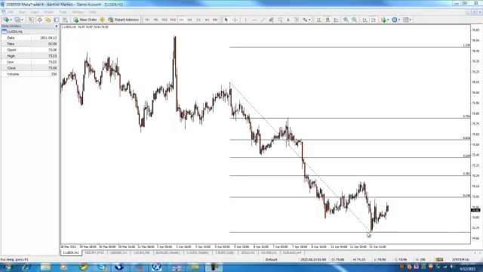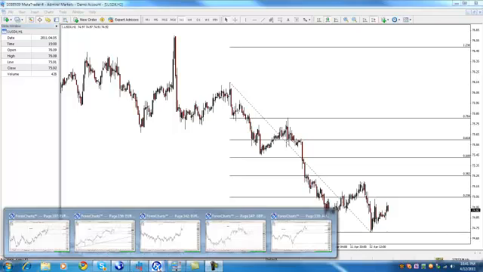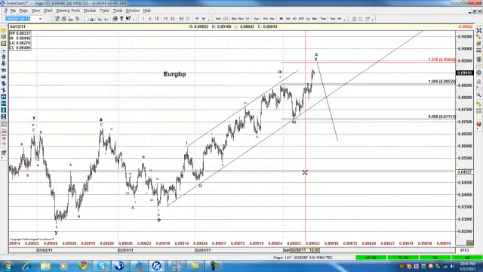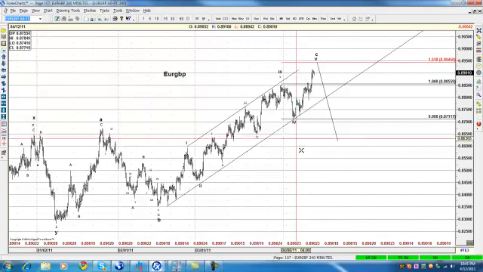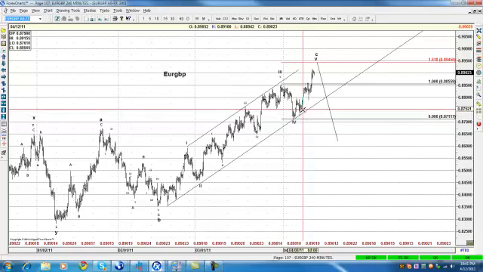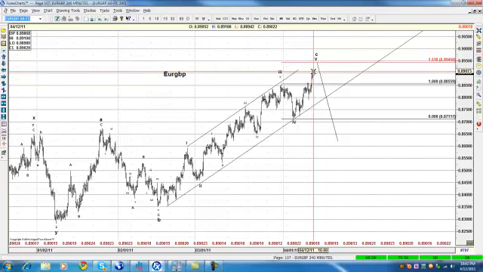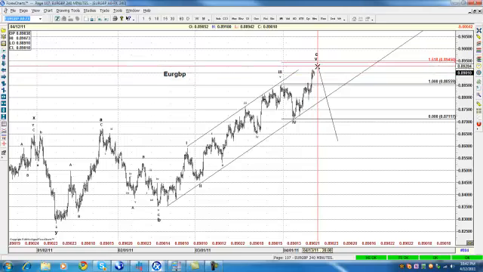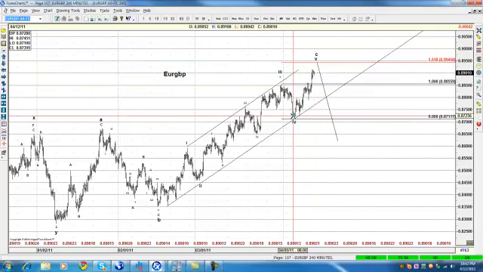Now let's go to the individual pairs. Let's start with the euro pound. The euro pound, as you guys know, we got here about 250 pips to the top right here. We still believe there is another high, because this can be seen in 2 ways.